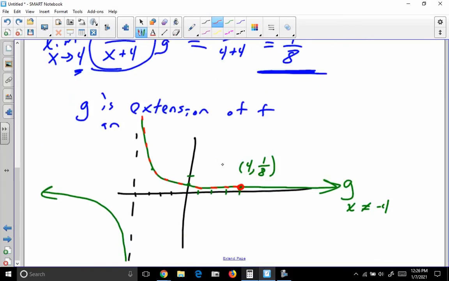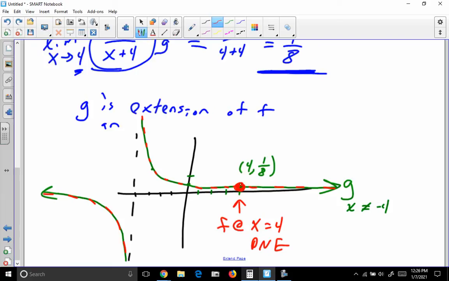So their graphs are going to be exactly the same, with the exception that at x equal 4, f does not exist. So for the function f, there's not a point there. There's just a hole.